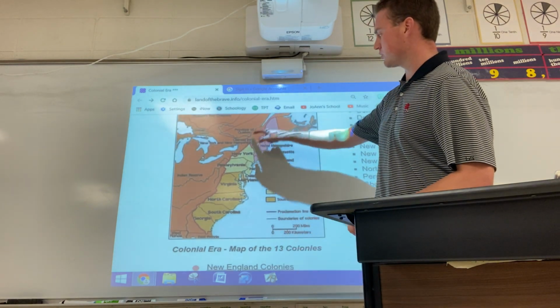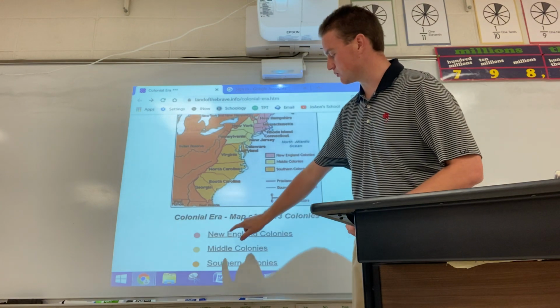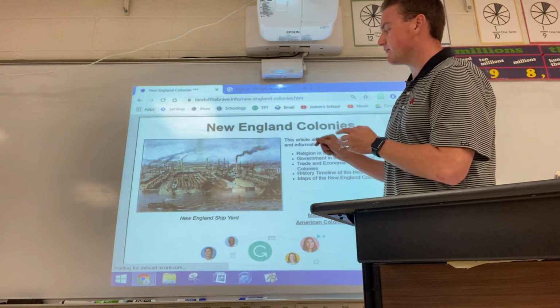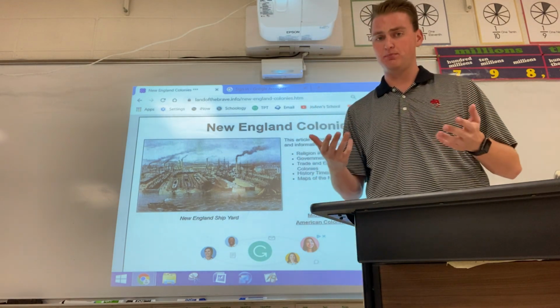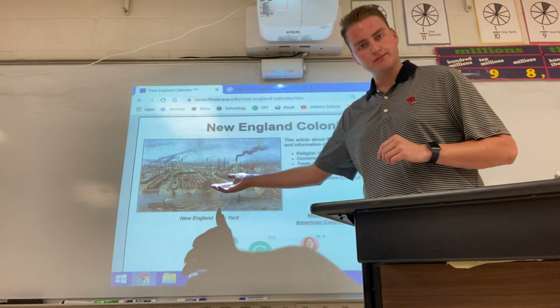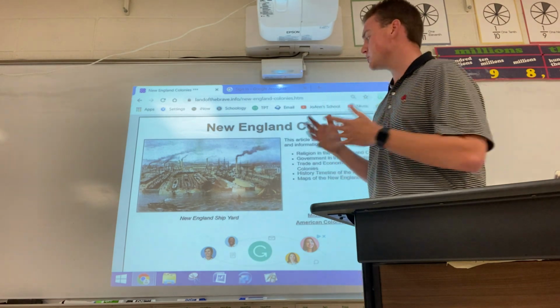So at first, we're going to look right here at the pink region. I'm going to scroll here, and this website is available in your resources. Let's look at the New England colonies. Here we see a painting of a New England shipyard. That kind of tells you what kind of people lived there. Mostly sailors, right? They shipped a lot there. They built ships there. You're starting to picture things in your mind. This shipyard is huge.